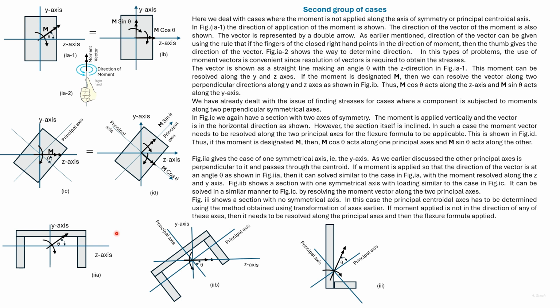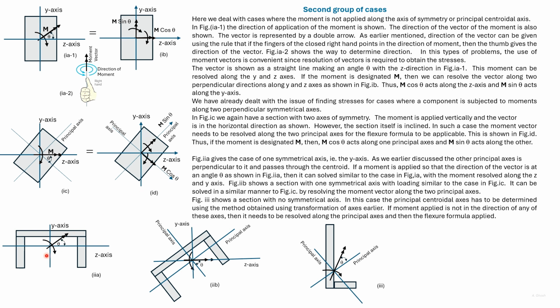Now consider a channel as shown. It has an axis of symmetry, which is the axis with I_yz equal to 0. As earlier discussed, we can find the other axis with I_yz equal to 0 by taking an axis perpendicular to the axis of symmetry and letting it pass through the centroid.